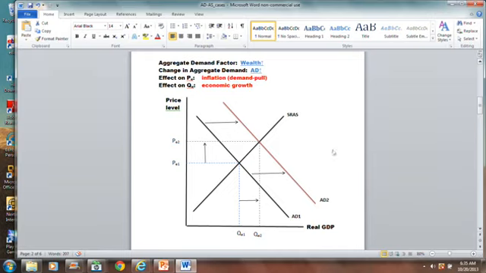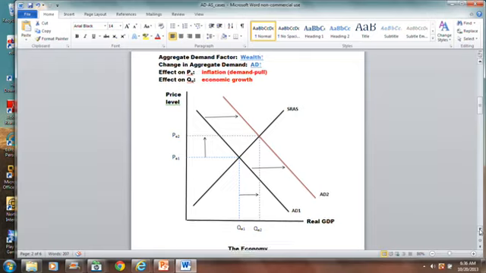So any factor that would make the aggregate demand curve shift left or right would be an aggregate demand induced case, and there are 22 possibilities because those 11 factors that we discussed could increase or they could decrease. So please study those factors carefully because I have a lot of latitude when it comes to depicting aggregate demand induced cases.